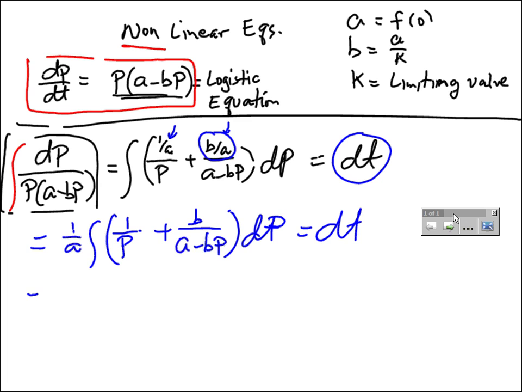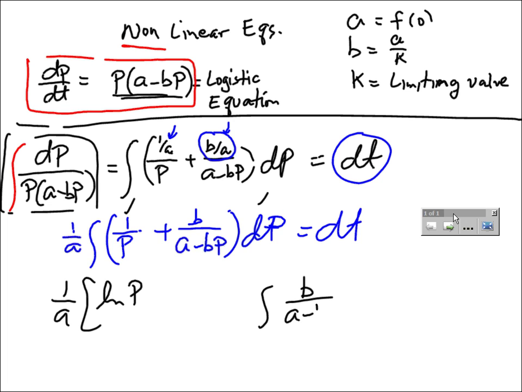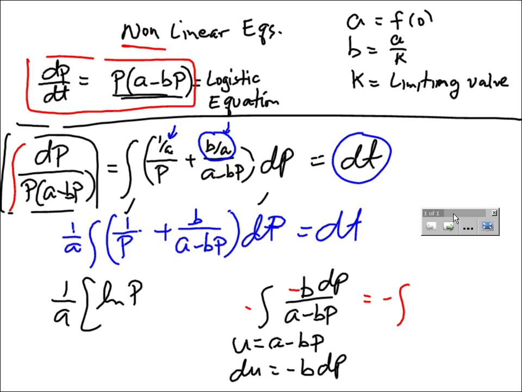Okay, so I have the 1 over a times the integral of 1 over p dp, which is just ln of p. Now the integral of b over (a minus bp) times dp. If I let u be a minus bp, then du is negative b dp. If I put in a minus, I bring out a minus. There's the minus I brought out.